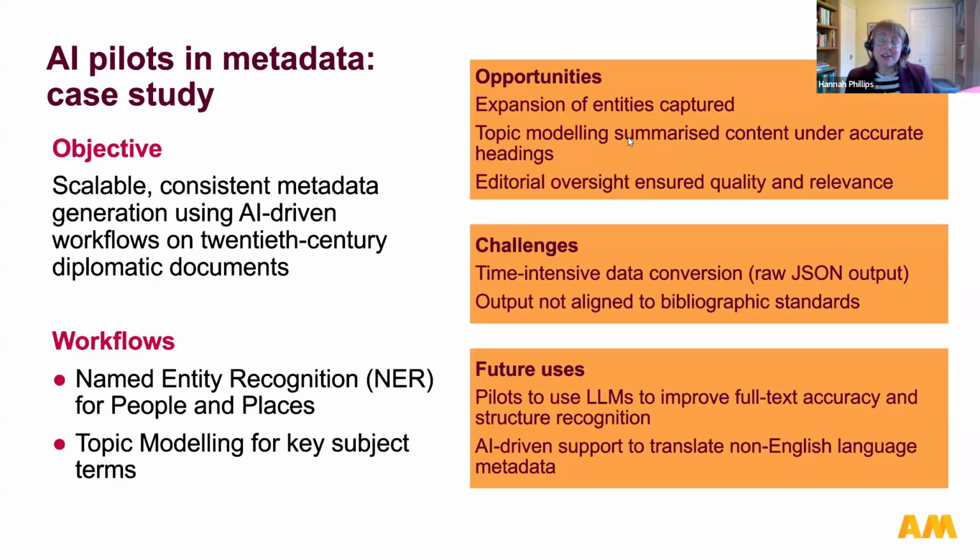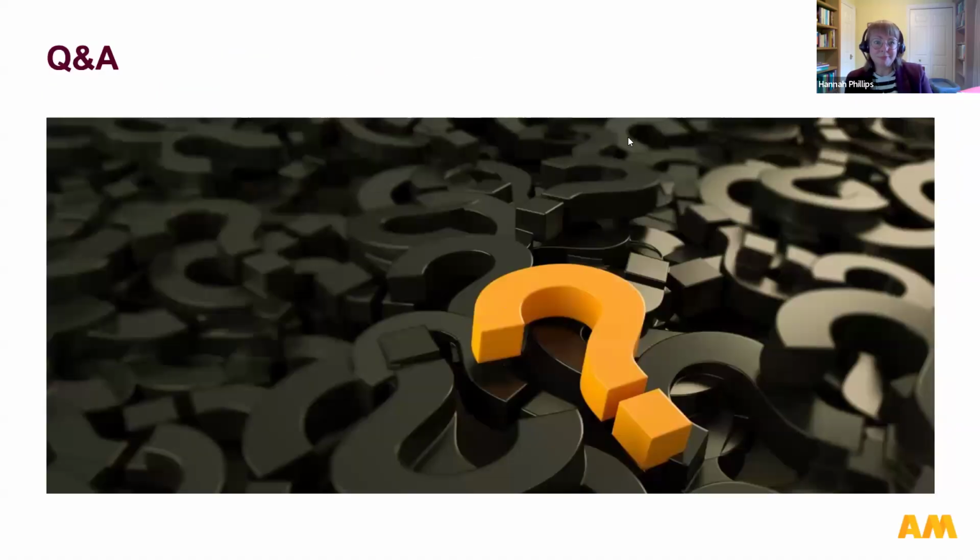And the other AI-driven partnership that we have at the moment is a partnership with linguists who are using LLMs to support translation of metadata for non-English language sources, which we have a little bit of in our publishing portfolio. So that's been a really interesting project as well. And that's everything from me.